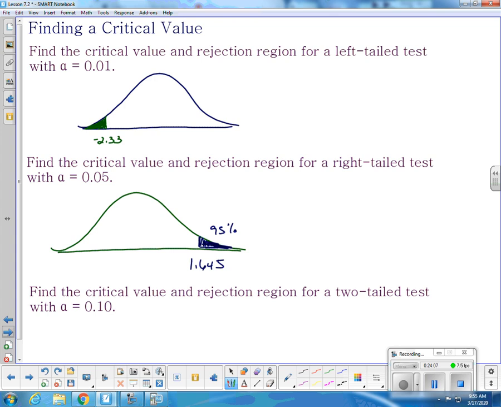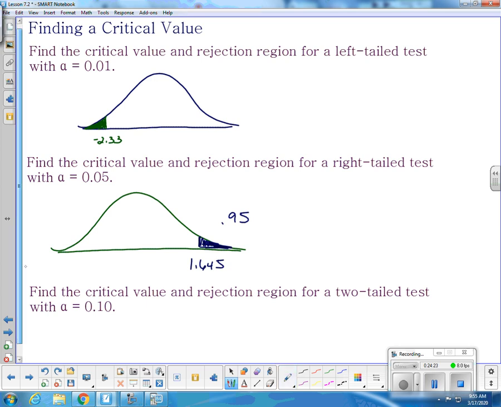Okay? So instead of putting percent, let's do 0.95. So on your chart, 0.95. And this is the probability of it being there.